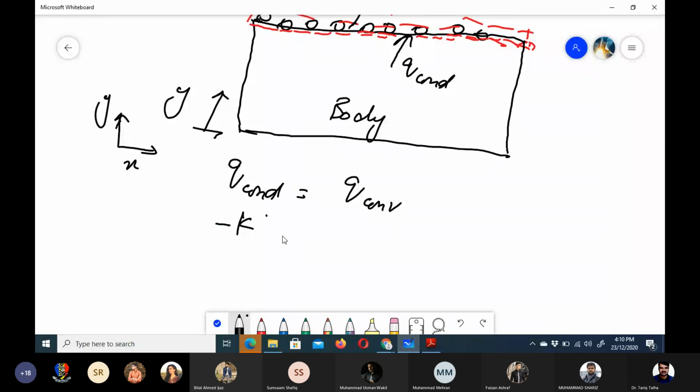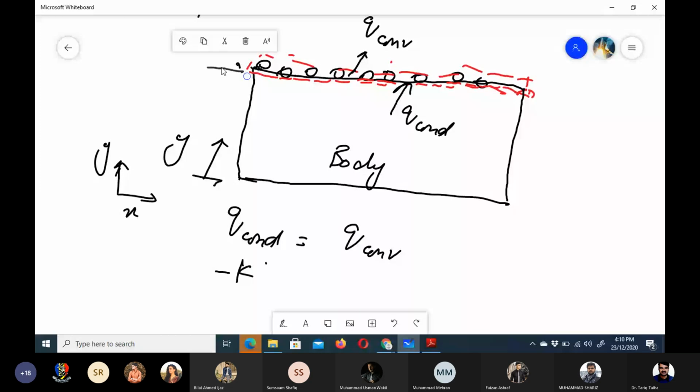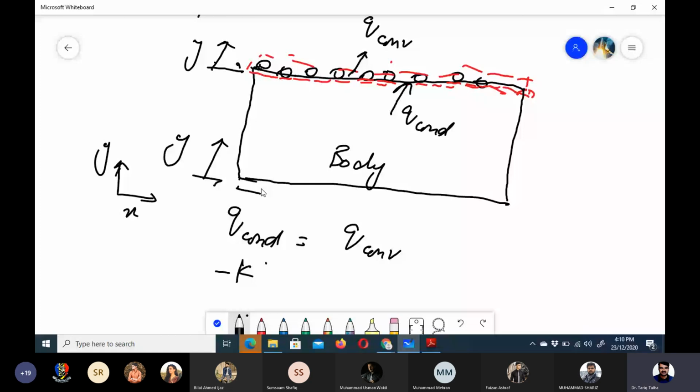Is it clear? So if our y coordinate starts from the top surface, y is starting from here, and x is starting from here. So Q conduction would be equal to minus k into partial T by partial y. We are talking in terms of flux.